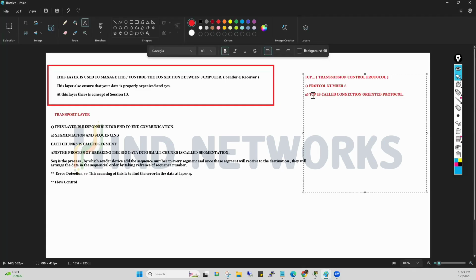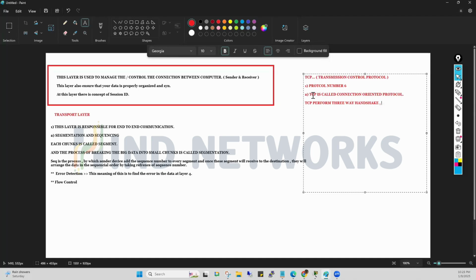Connection oriented means before sending any original data to its destination device, first of all, TCP will establish a proper connection with that device. Getting my point? Now, how actually will TCP perform the connection orientation? The answer is TCP performs three-way handshake.